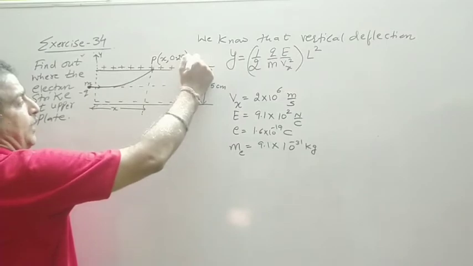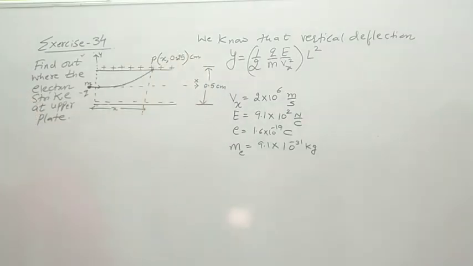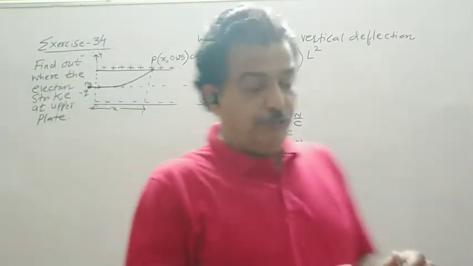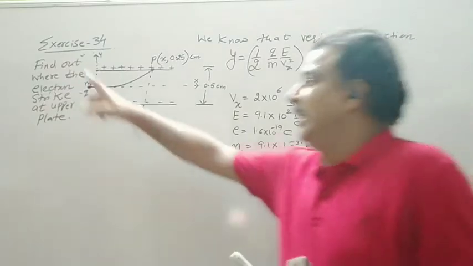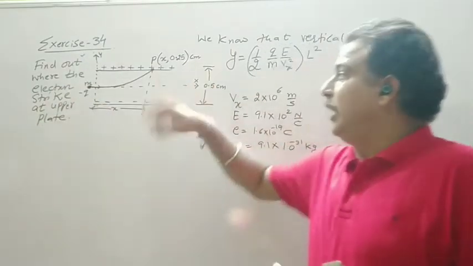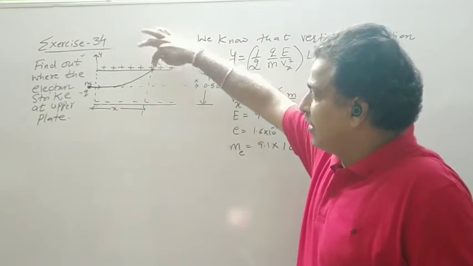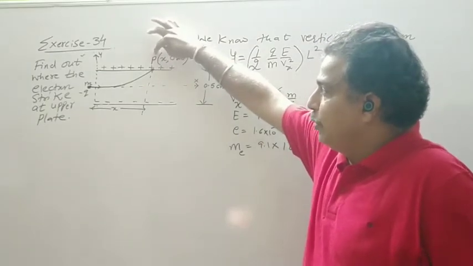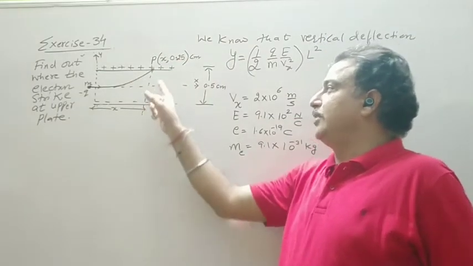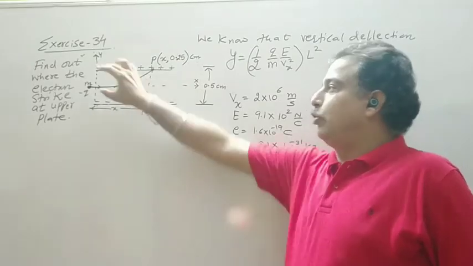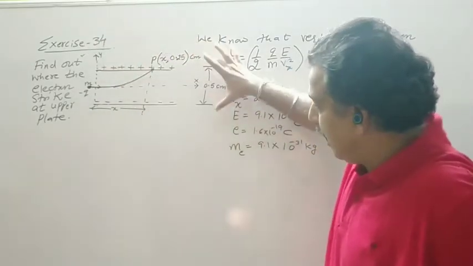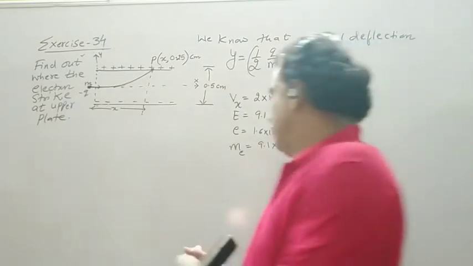So these are the coordinates in terms of centimeter. Now we have to find out where the electron strikes the upper plate, so let us assume the electron strikes at a point P whose x coordinate is this, and the y coordinate will be this, which is half of the distance between the plates.